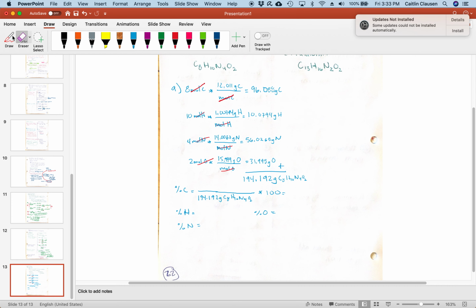So the carbon should be 96.088, what we calculated for the mass of carbon in this compound. It's going to give me a much higher number, which will make a lot more sense because there's a lot of carbon in here. And carbon weighs a decent amount.